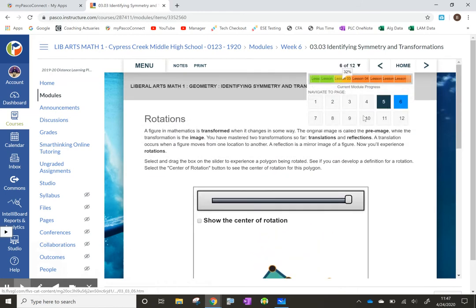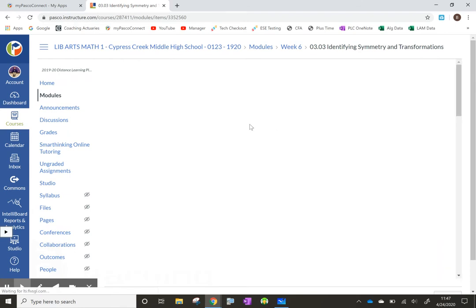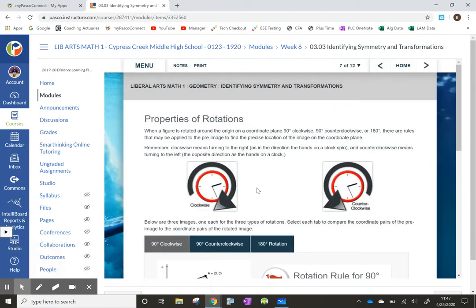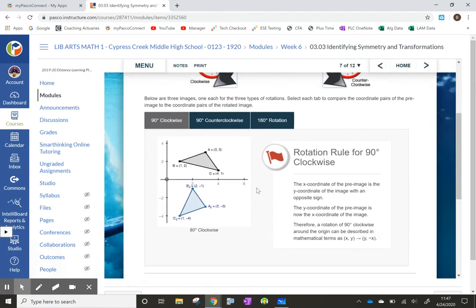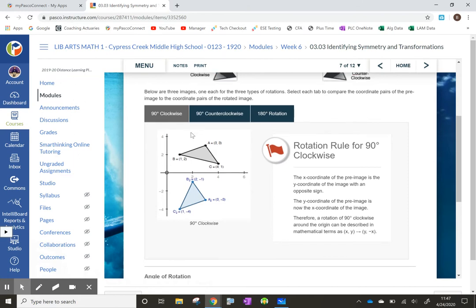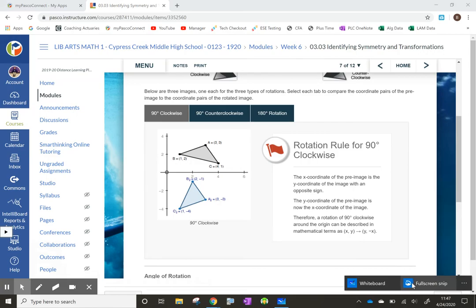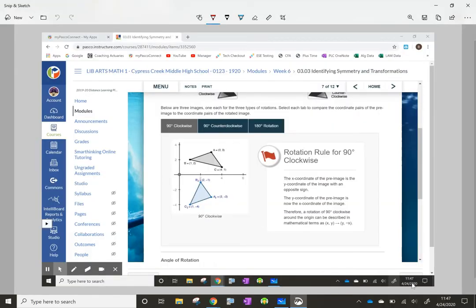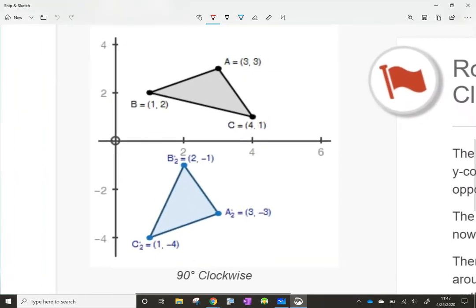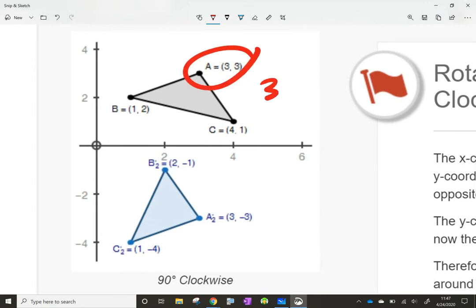And we're going to have examples and rules for this as well. So when you turn it 90 degrees clockwise, let's look at this one, and then we'll make our rule. So 90 degrees clockwise, let's look at A, starting at 3, 3. 90-degree clockwise is turning it 90 degrees in the clockwise direction.